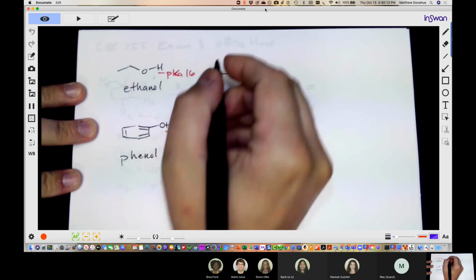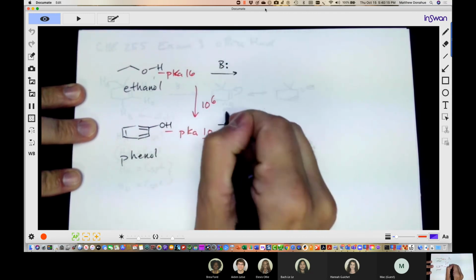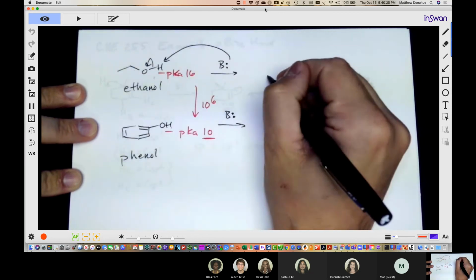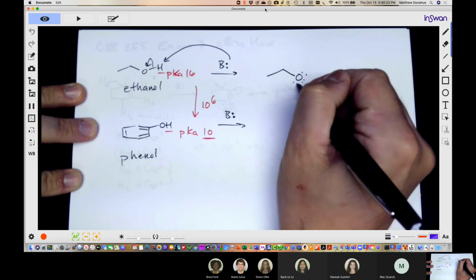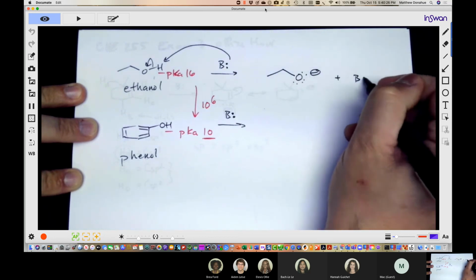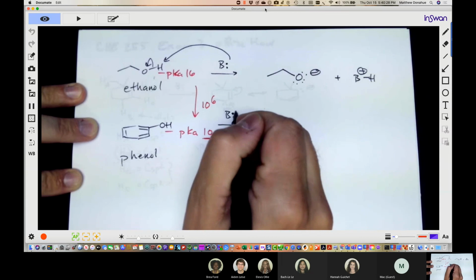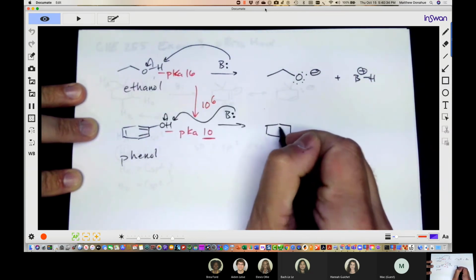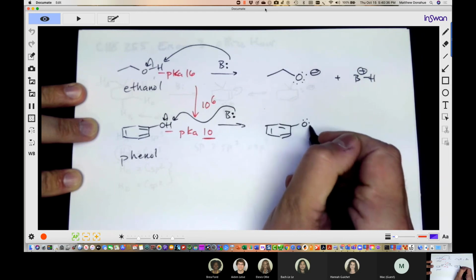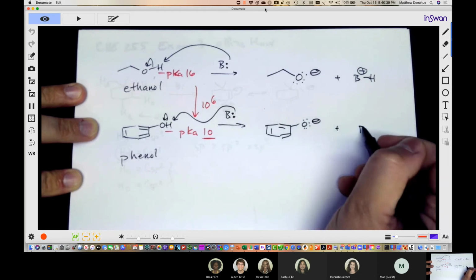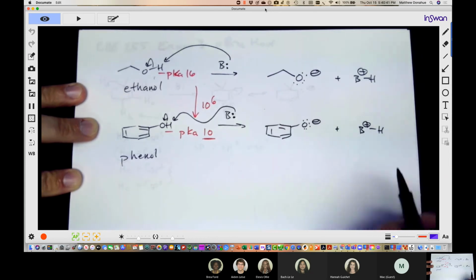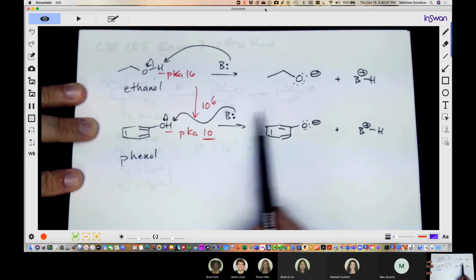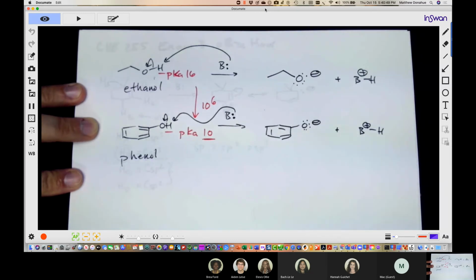So again, we're treating both of these with some base B. So now look, we said we have OH, we have OH, we're treating with a base, we're forming the same conjugate base.